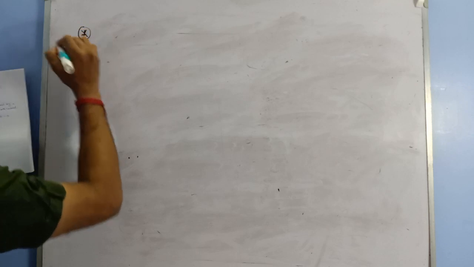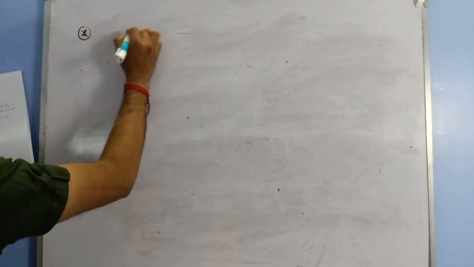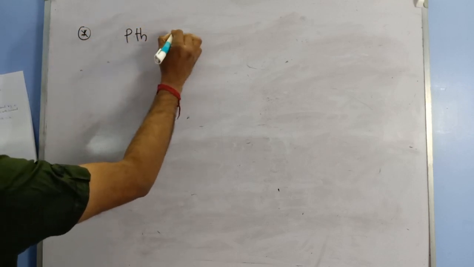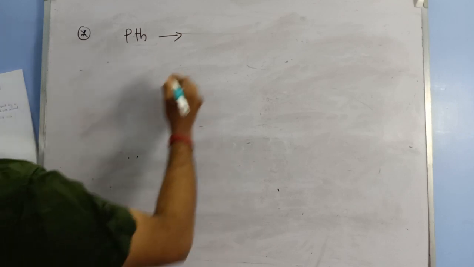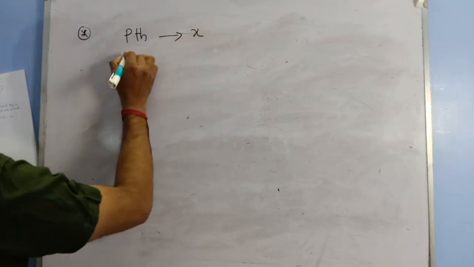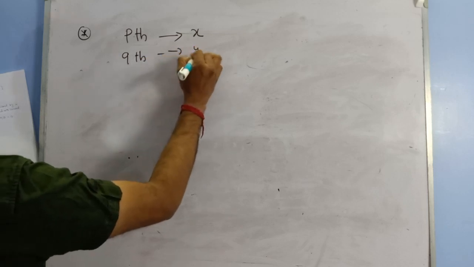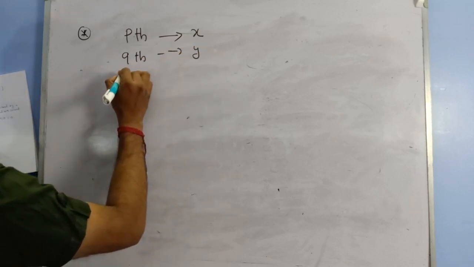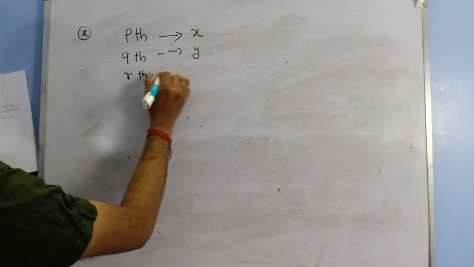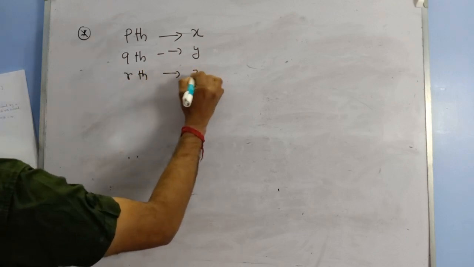So if x, y, z be the distance described by a particle in the pth second, qth second and rth second: the distance travelled in pth second is x, in qth second is y, and in rth second is z.